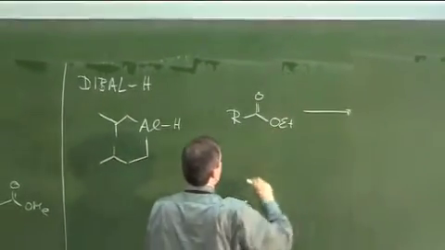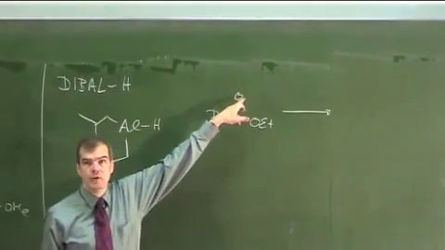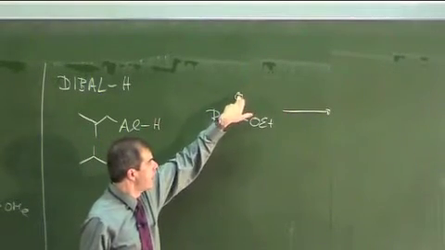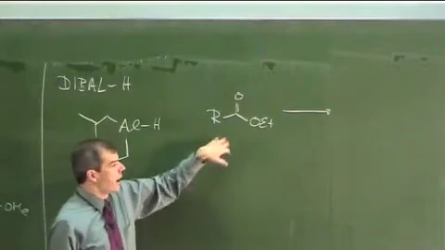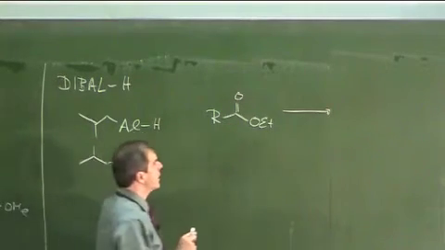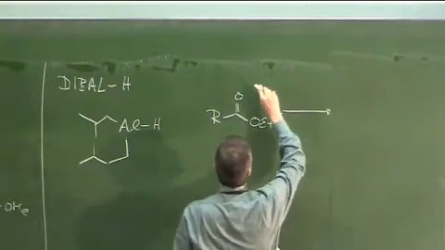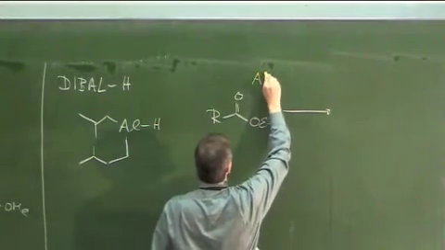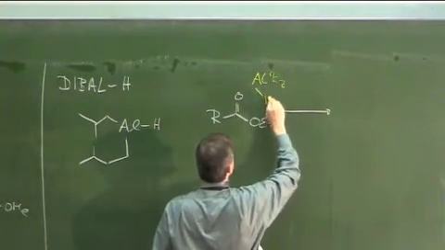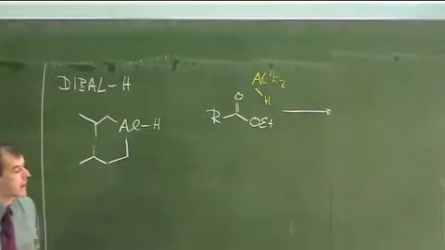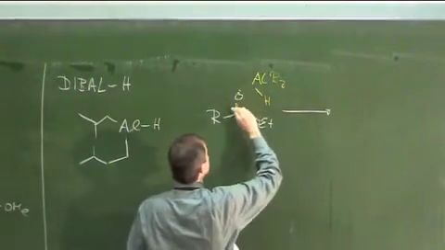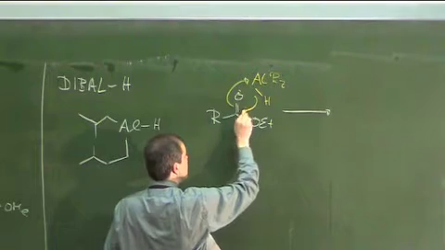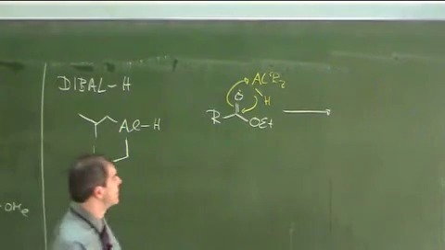However, in difference to lithium aluminum hydride, where the lithium is a relatively weak coordinating Lewis acid, activating the carbonyl compound, and then hydride is delivered from the LiAlH4 anion. Here we have the case that the aluminum hydride will coordinate to oxygen and deliver the hydride in this fashion.